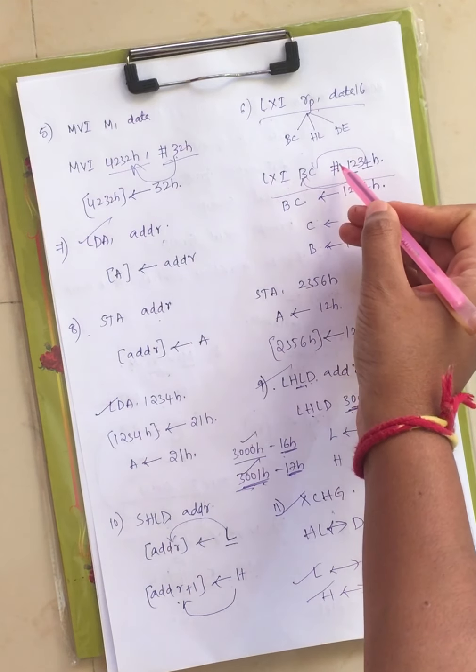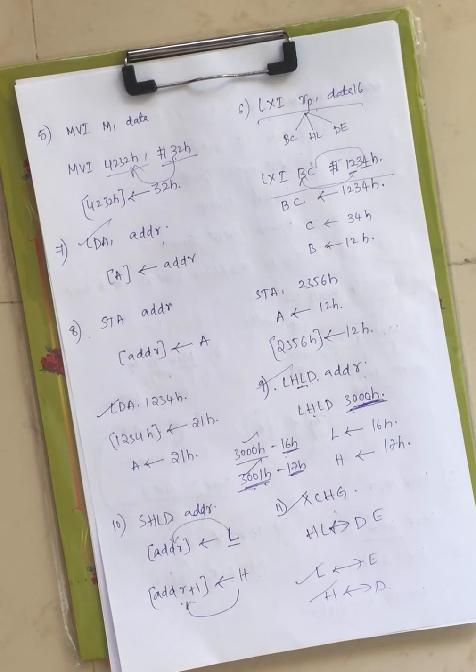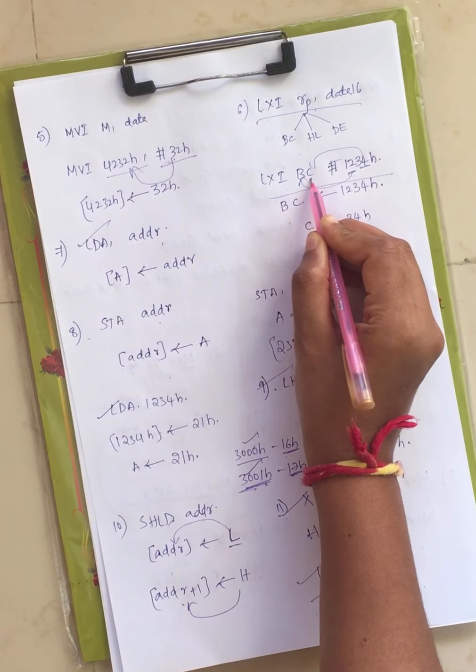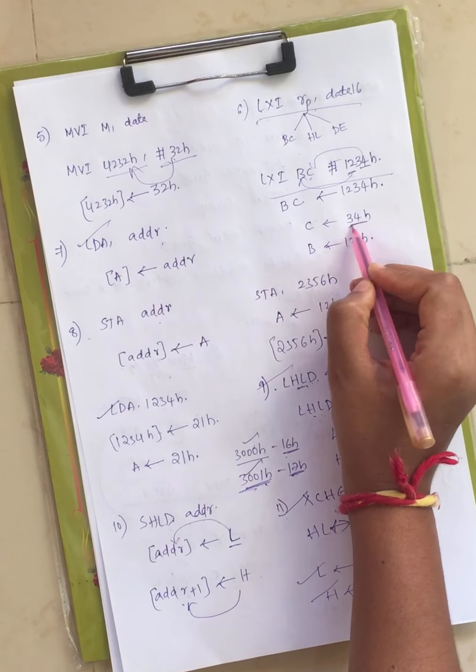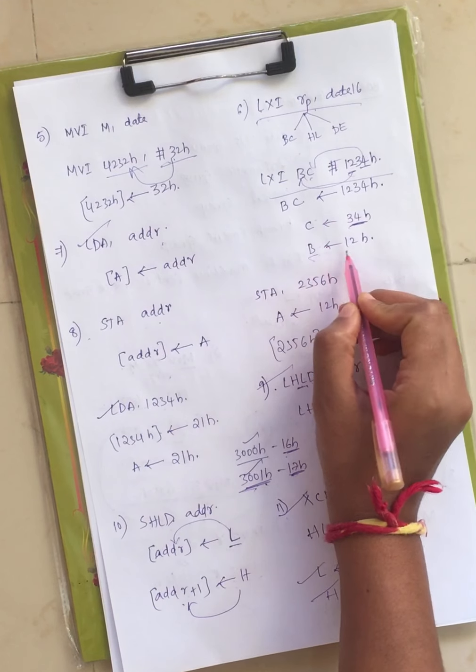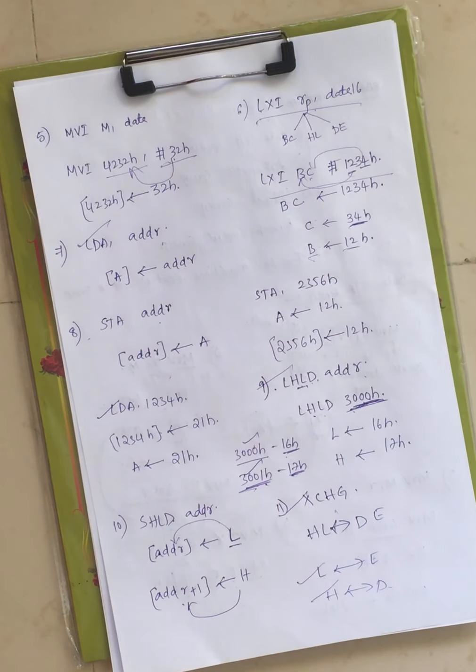This is the immediate data. Now the C register is stored with the lower byte of data and the B register is stored with the higher byte of data, right? Lower 8-bit data is stored in the C register and higher 8-bit data is stored in the B register, right? Not only BC, you can use HL or DE, right?